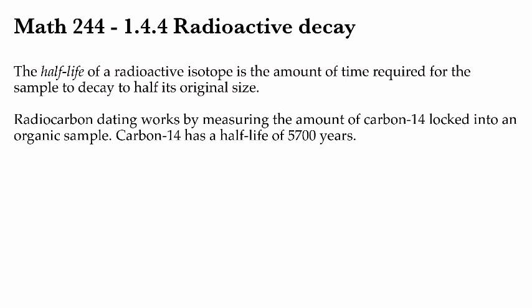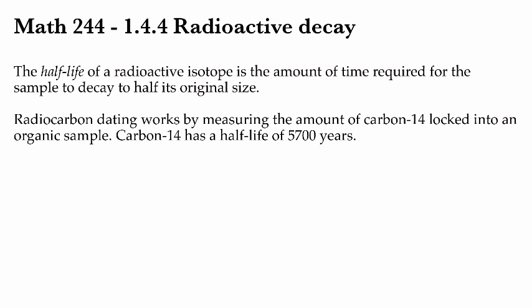When the creature dies, however, there's no new carbon-14 coming into the system, and whatever's there begins to slowly decay. And by slowly, I mean that it has a half-life of 5,700 years. So if you measure the amount of C14 present in a sample, you get some idea of how long ago that organism died.